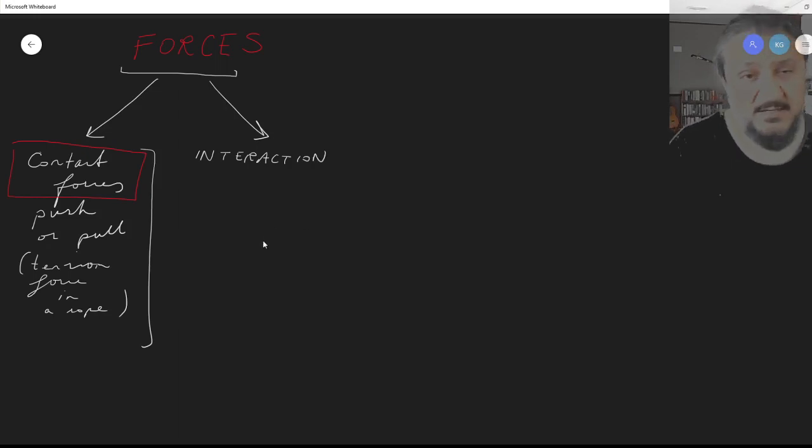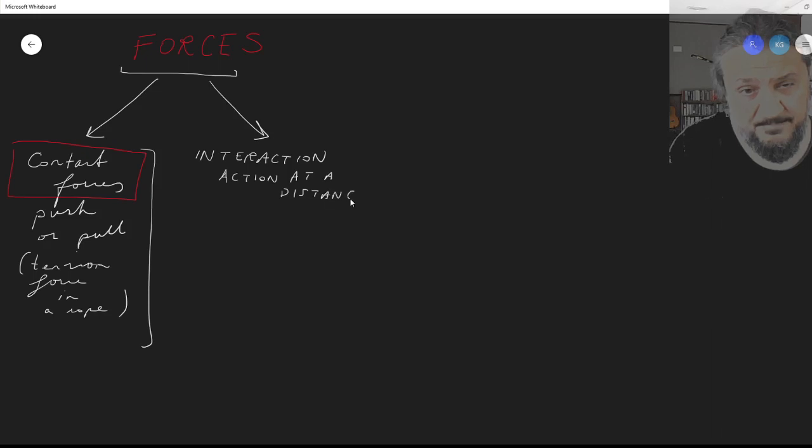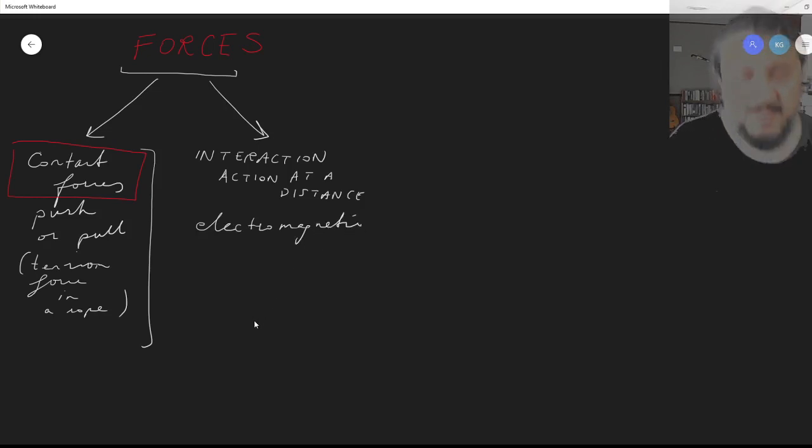All right, so action at a distance, such as electromagnetic forces. Magnetism, the magnets I was telling you about. So electromagnetism or electromagnetic force is one of them. Electromagnetic forces. What else?